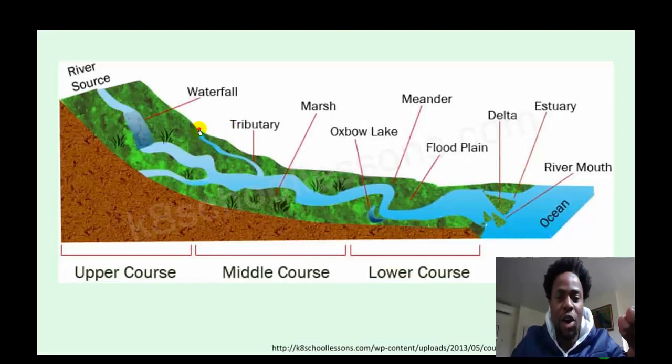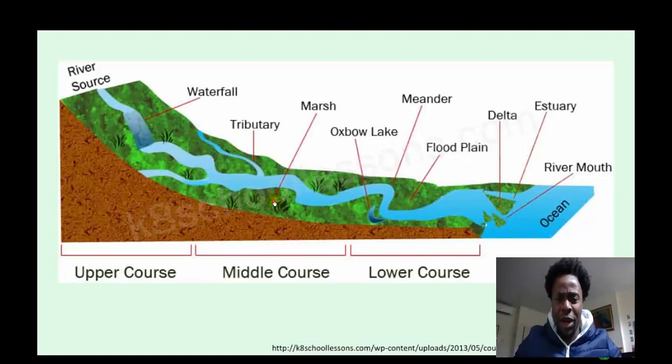So when a smaller river joins a bigger river, it is called a tributary, because the smaller river is paying tribute to the bigger river. The smaller river is contributing, it's making a contribution to the bigger river, hence the name tributary, to contribute, to pay tribute.